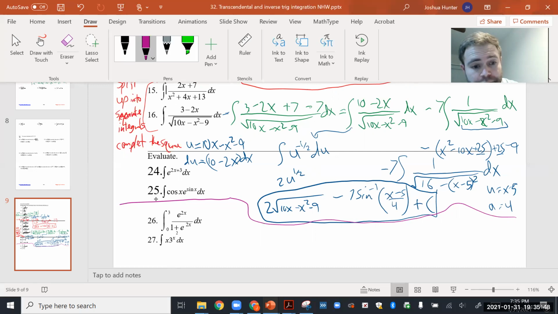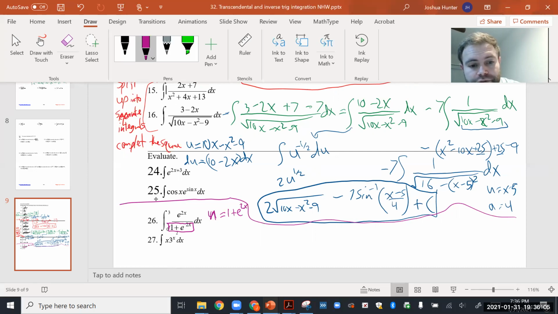It is definitely going to be basic u substitution. I'm going to choose the entire denominator, the bottom, to be my u. So u will equal 1 plus e to the 2x.